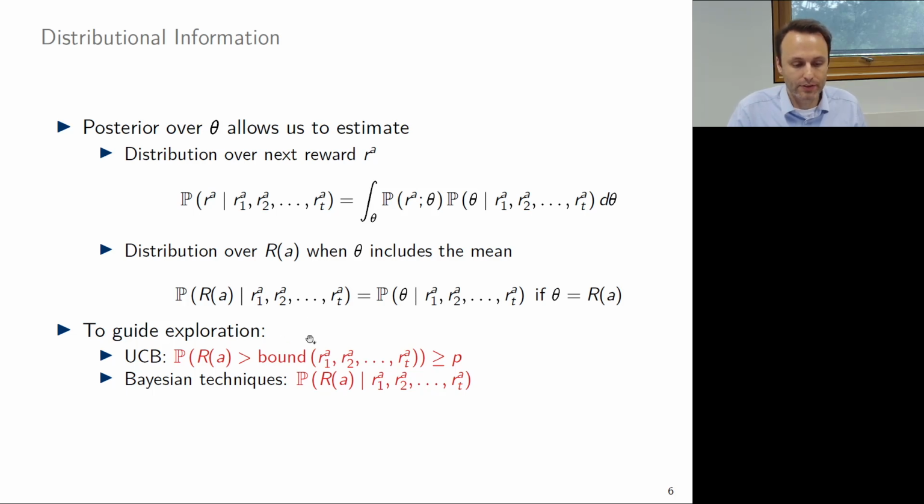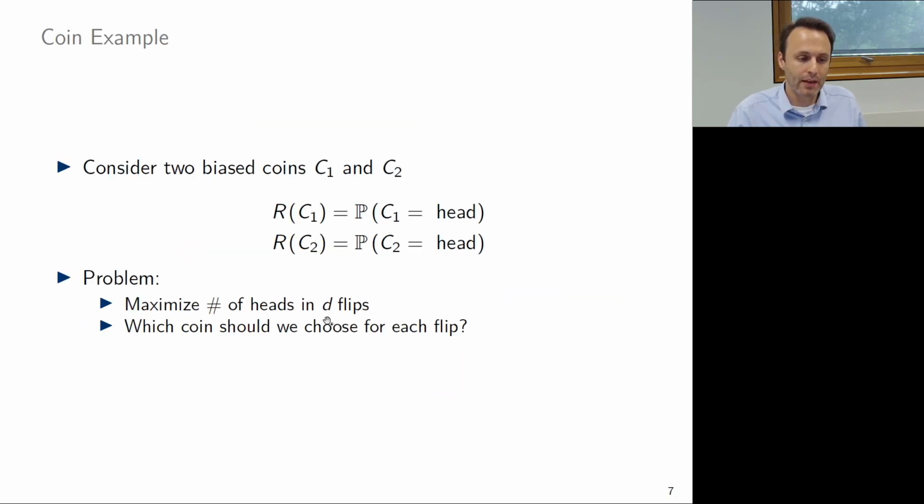This compares well to the UCB case, where we also used a moment of a distribution, the upper bound, to model our uncertainty. But here, in the Bayesian setting, we use the whole distribution. So we model the complete distribution, which allows for much more flexibility.